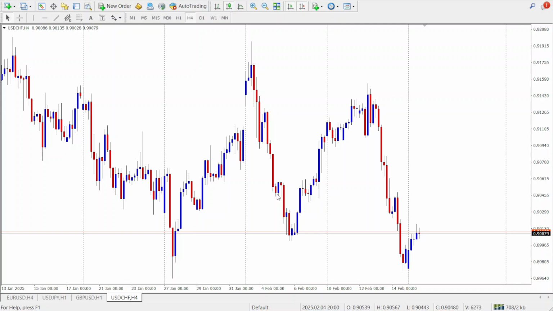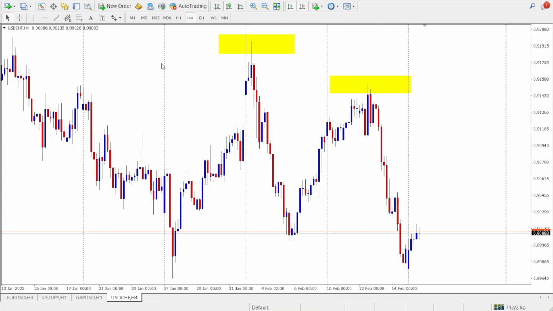Now, liquidity is a major driving force in the market. Institutions and smart money look for areas where retail traders have placed their stop losses and pending orders. These are known as liquidity pools.